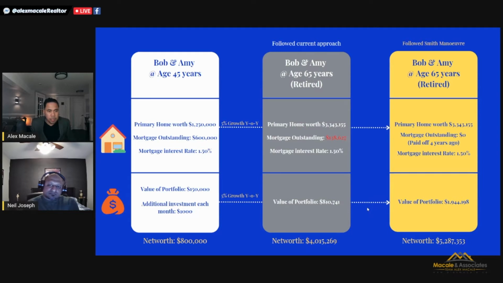So I understand what the mechanics is about by implementing a Smith maneuver. My question to you, or for somebody who is watching this right now, is why in the world would you shift a mortgage that has an interest rate of prime minus into a home equity line of credit, or HELOC, with a higher interest rate?